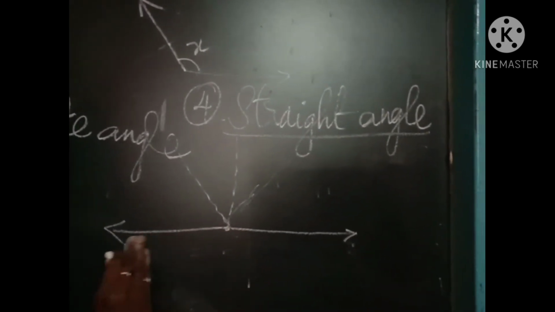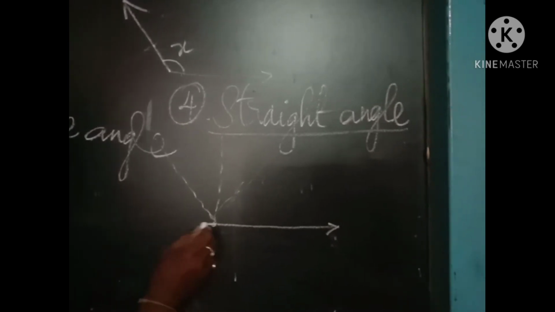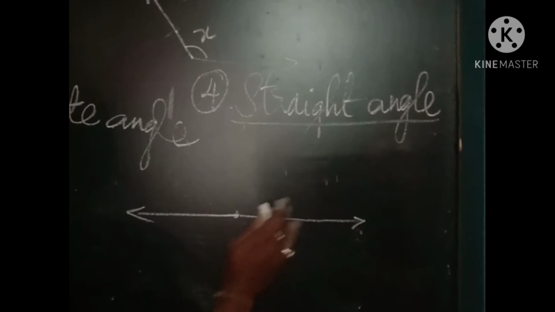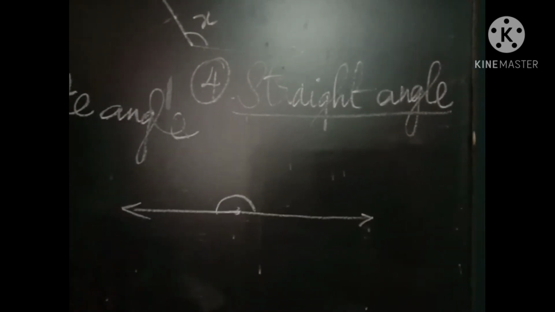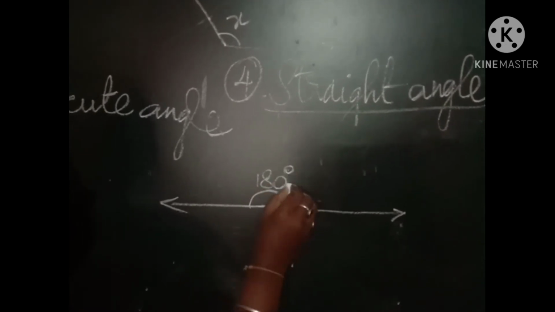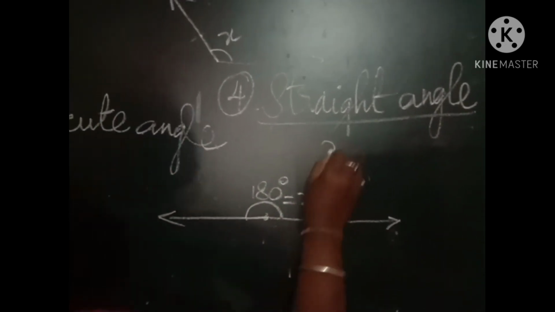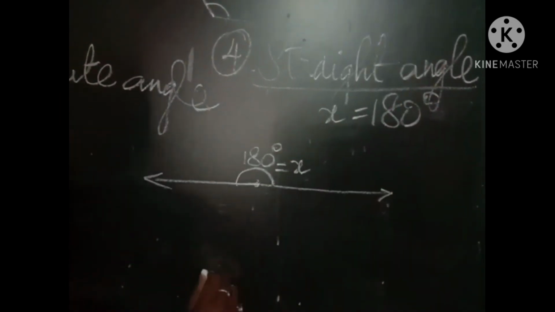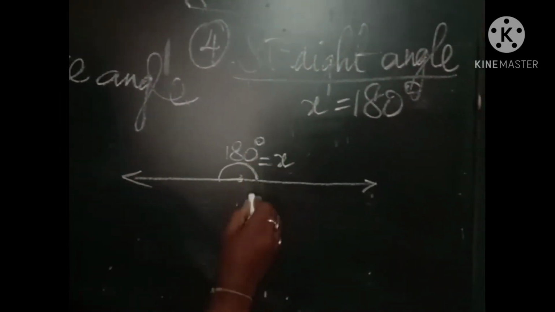If it is flat, it is straight; if it comes here like this, this is called straight angle. This measures 180 degree. So x is equal to 180 degree, and such an angle is called straight angle.